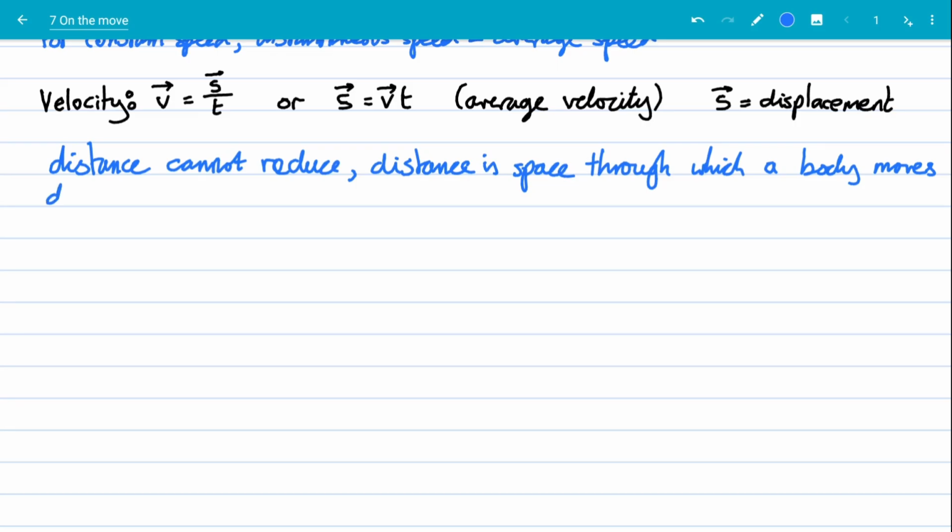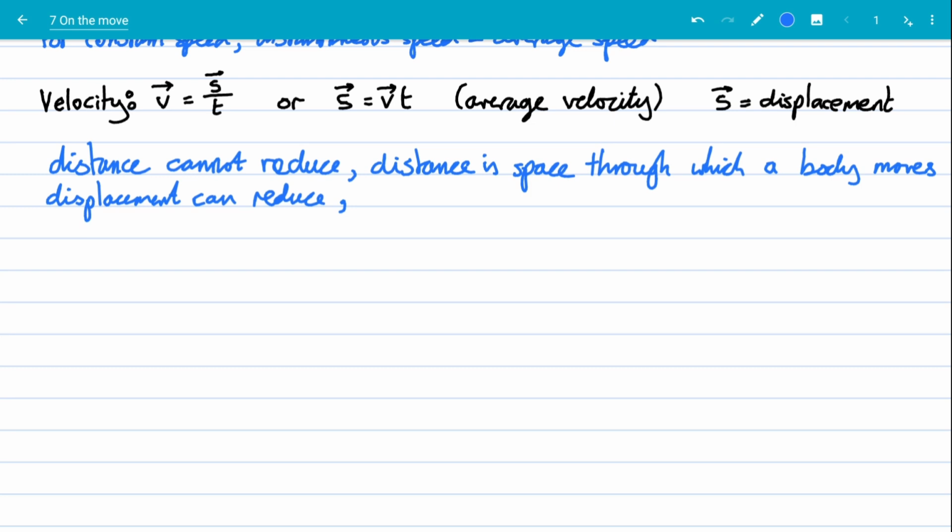Whereas displacement can reduce. If you ever see a distance time graph and the line representing the motion of a body is going down, the distance is reducing, then it's incorrect. It's as simple as that. So displacement can reduce.